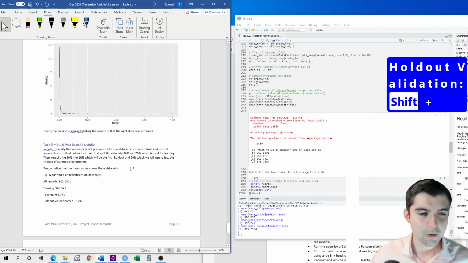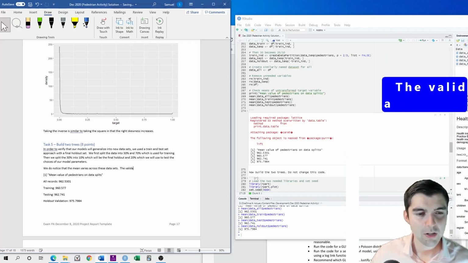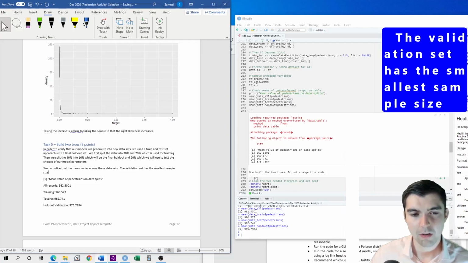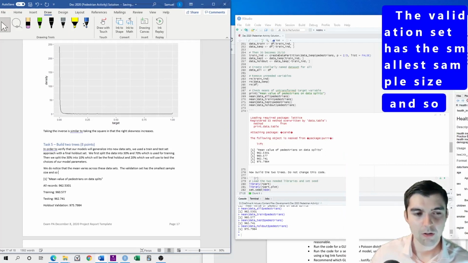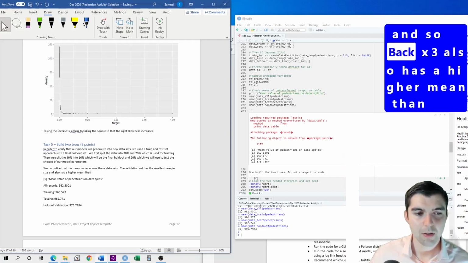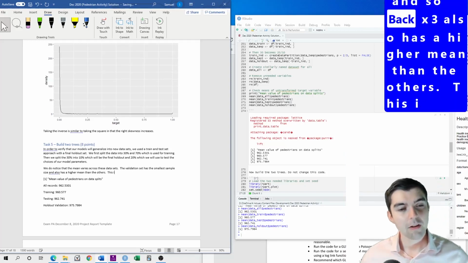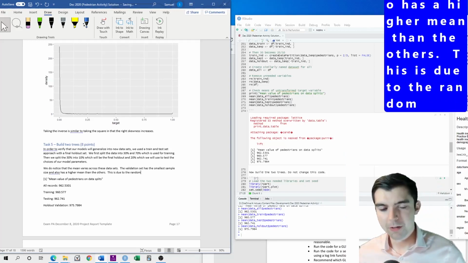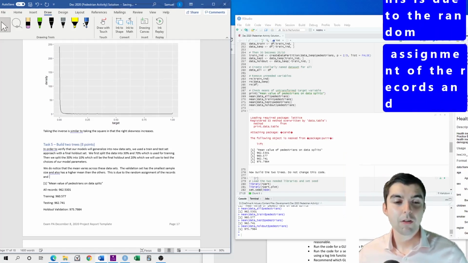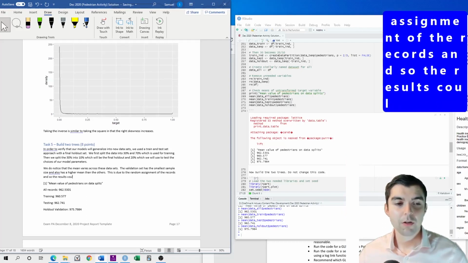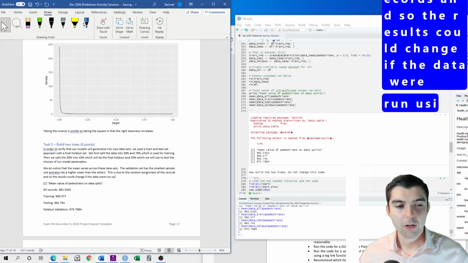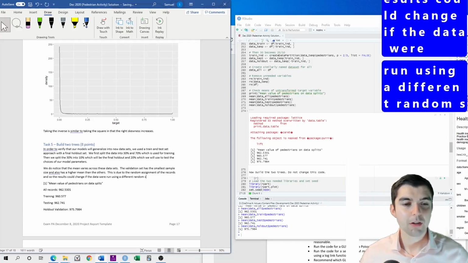So we do notice that the mean varies across these data sets. The validation set has the smallest sample size and also has a higher mean than the others. This is due to the random assignment of the records. So the results could change if the data were run using a different random seed.